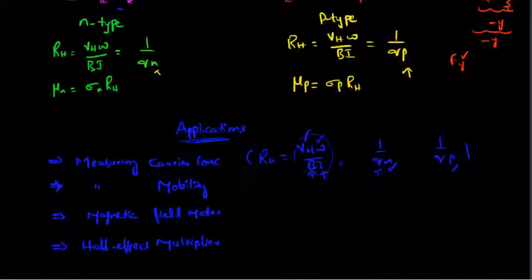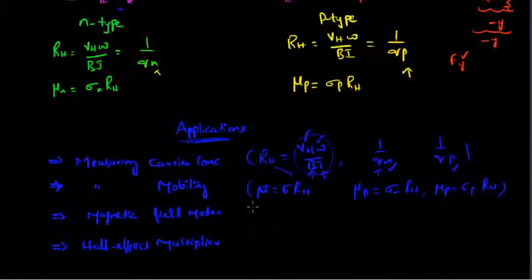And finding out mobility, right? Mu equals sigma R_H. As we can find out R_H and sigma in both cases, n-type and p-type, we can find mu, either mu_n or mu_p. So we have seen mu_n equals sigma_n times R_H and mu_p equals sigma_p times R_H. And as a magnetic field meter, how do we use this concept for measuring magnetic field?